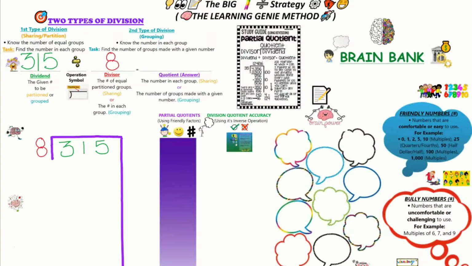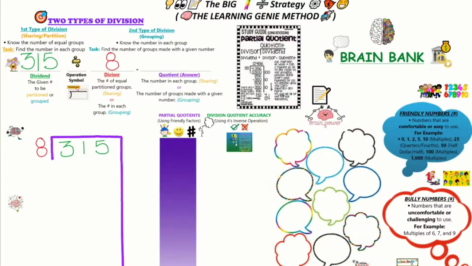Let's think again. What is 10 times 8? 1, 2, 3. Did you get that answer in less than 3 seconds? If so, then multiples of 10 are friendly numbers that are comfortable and easy for you to use.